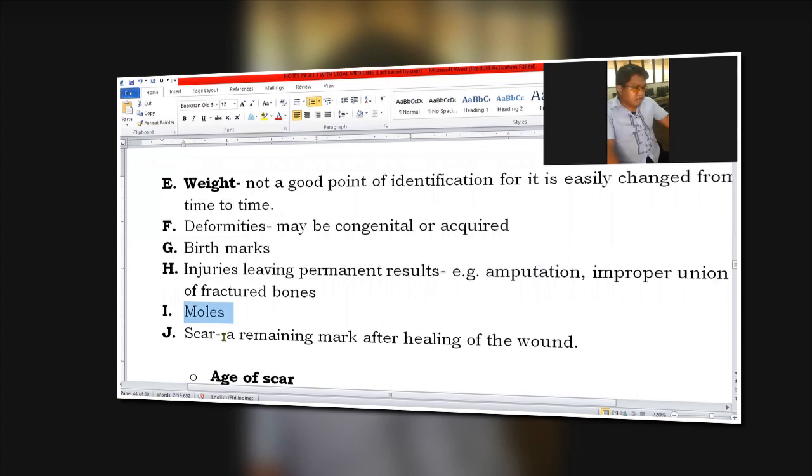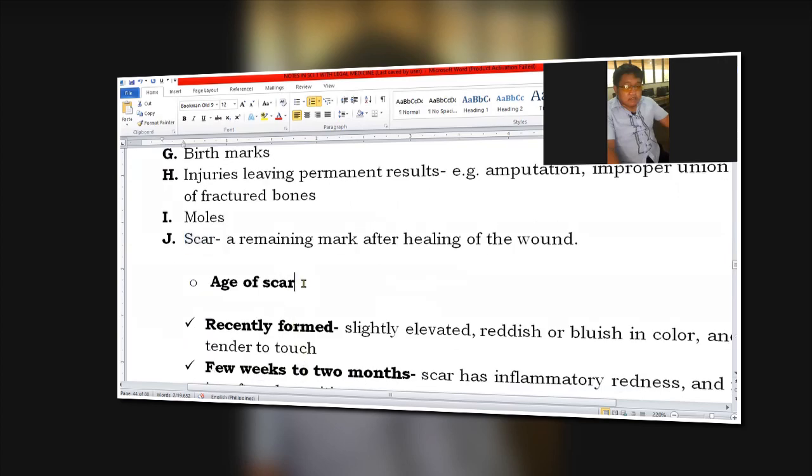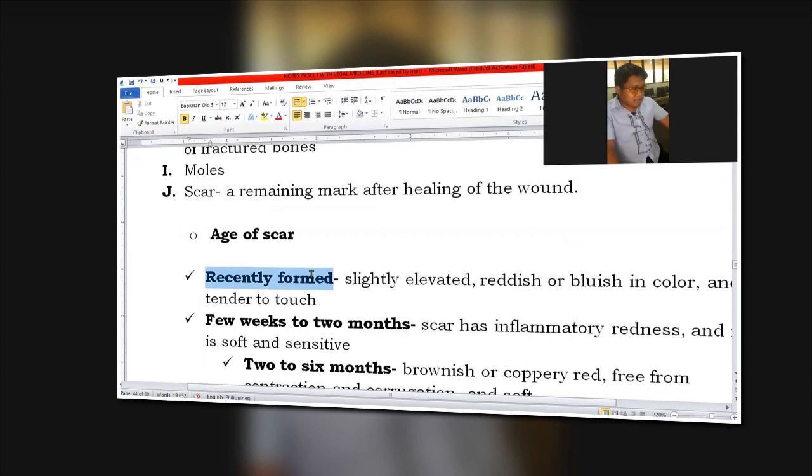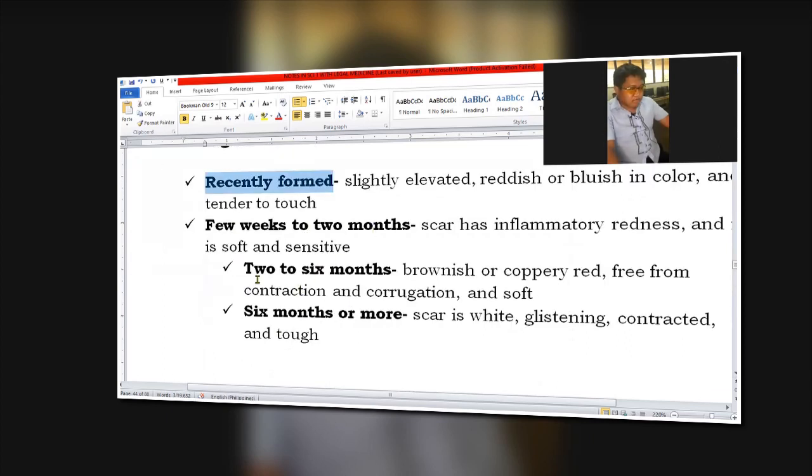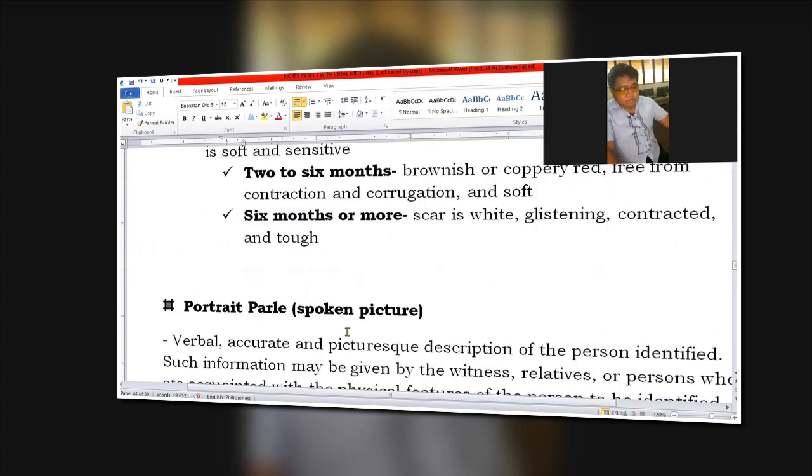So scar also can be used to identify a person. And I hope you know what is scar. Yan. Okay, a remaining mark after healing of the wound. Yan. So, ang age of scar, pwedeng recently formed, yan, or few weeks or 2 months, 2 to 6 months, or 6 months or more. So, may age din yan.